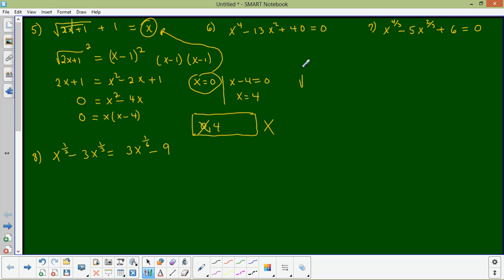Yes, surely you could go in here and check 0, right? You could plug in the 0 and you could see that you get square root of 1 plus 1 equals 0, and you get 1 plus 1 equals 0, and so 2 equals 0, and you go, okay, that doesn't check. I reject that answer.